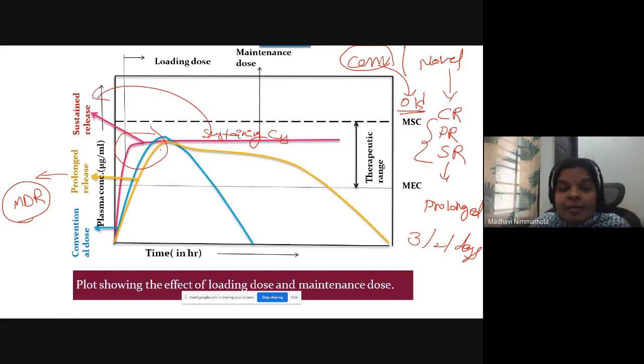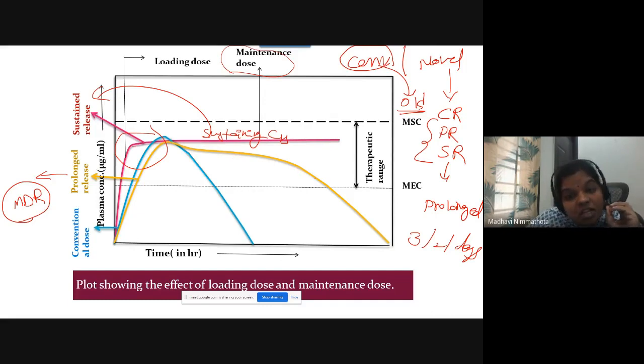After attaining a particular peak plasma concentration, which is enough to produce its pharmacological action, it is sustaining its action. That means the drug is sustaining its action. This sustainability of its action is achieved with the help of this maintenance dose at steady state level. And in case of prolonged release, we may not achieve proper sustainability in its action.